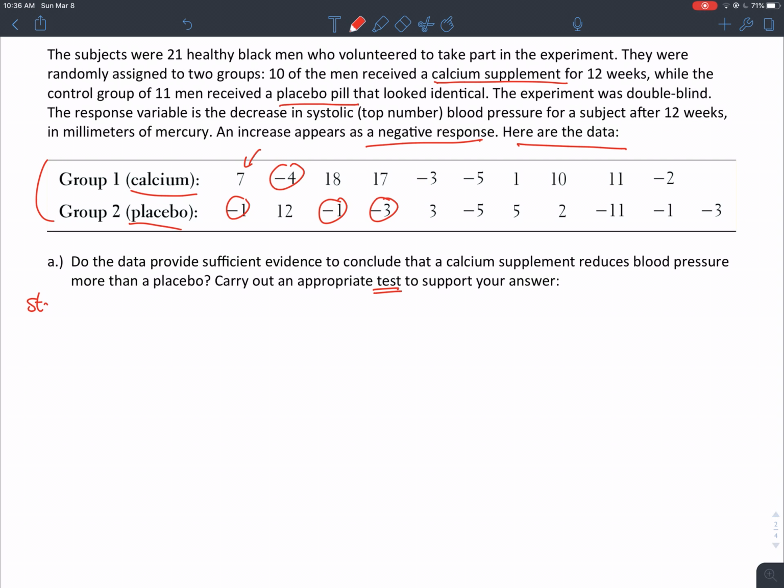So state. We want to perform a test of the following hypotheses.